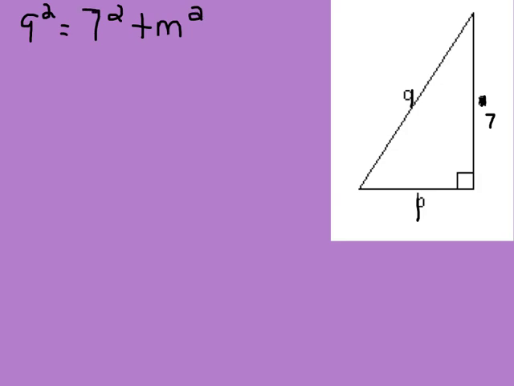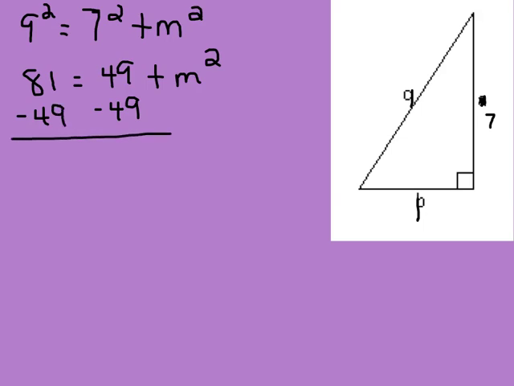Alright, well 9 squared is 81. 7 squared is 49 plus P squared. Well, let's move this 49, shall we? 81 minus 49 is 32.